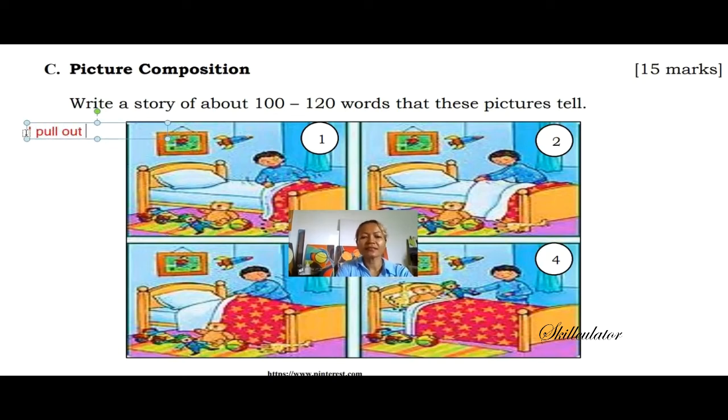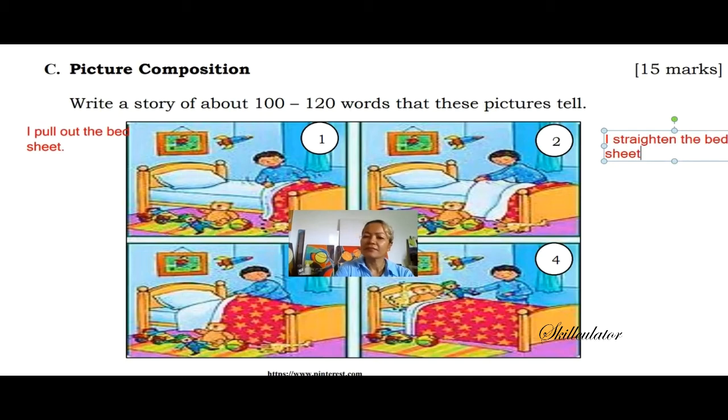I pull out the bed sheet, right? And then the second thing they do is number 2, I straighten the bed sheet, okay, all the way to the pillow.